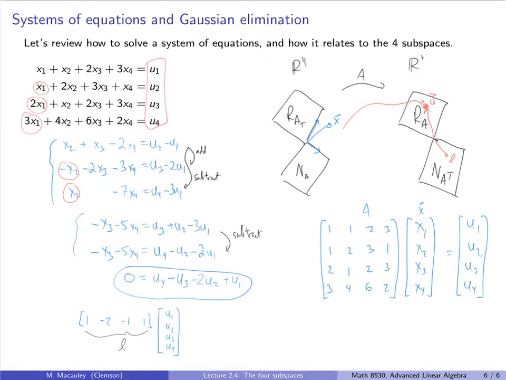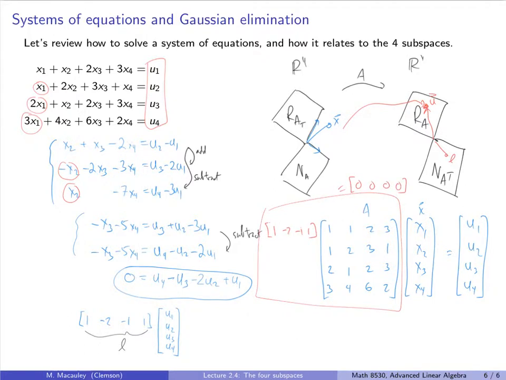Okay, so there's a solution if and only if u is orthogonal to this vector here. Because it lives in the left null space, it has the property that if you multiply it on the left of A, 1, negative 2, negative 1, 1, then this is just going to be the zero row vector, 0, 0, 0, 0.